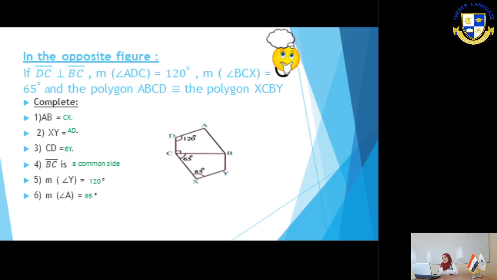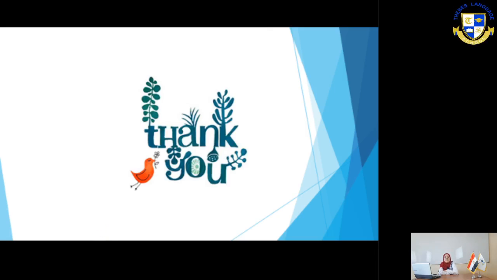Number 7, the measure of angle ABC equals the measure of angle XCB, equals 65 degrees. And finally, number 8, the measure of angle YBC equals the measure of angle DCB, equals 90 degrees. Thank you for listening and see you soon.